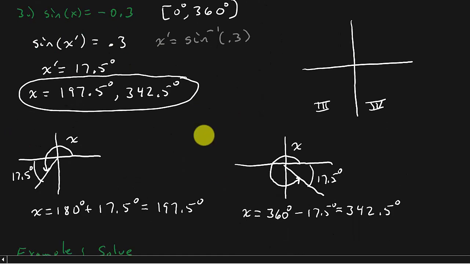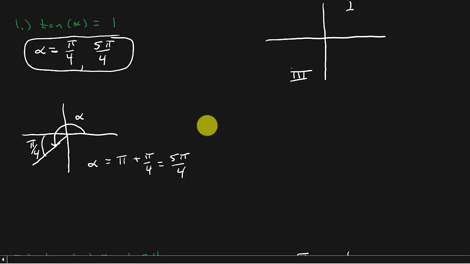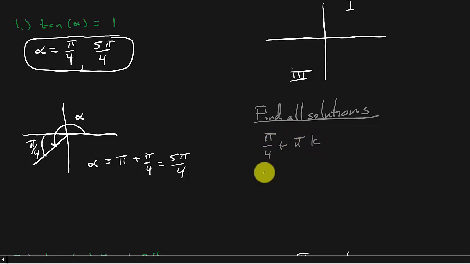All right. So what I've been talking about here is sine and cosine. What about tangent? How does tangent work? Well, remember, tangent is a periodic function with a period of pi units. So to find all solutions here, that's pi over 4 plus pi times k, or 5 pi over 4 plus pi times k.